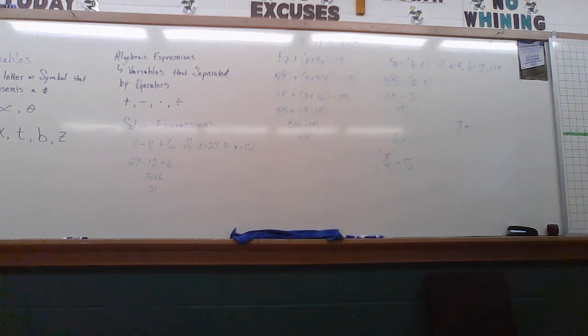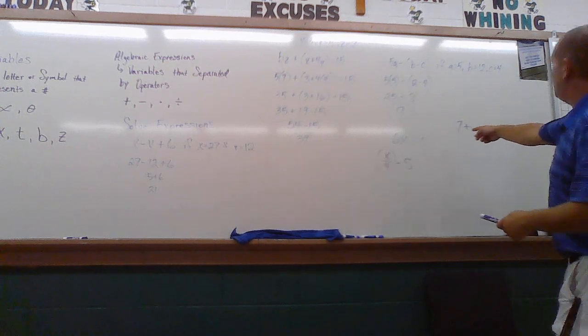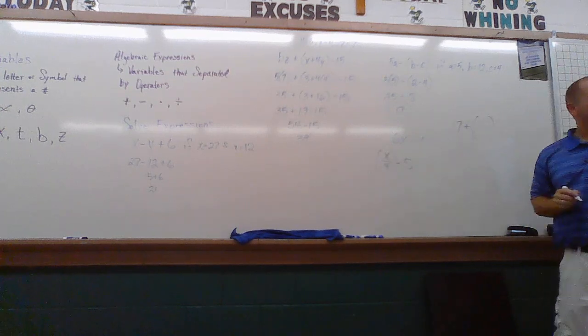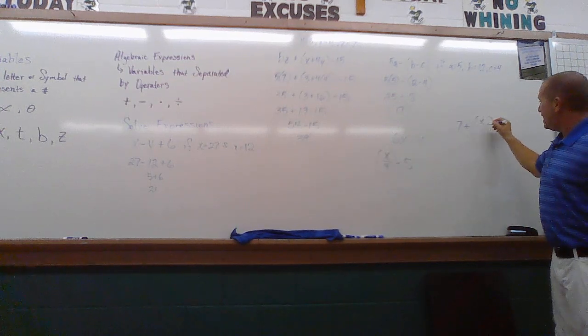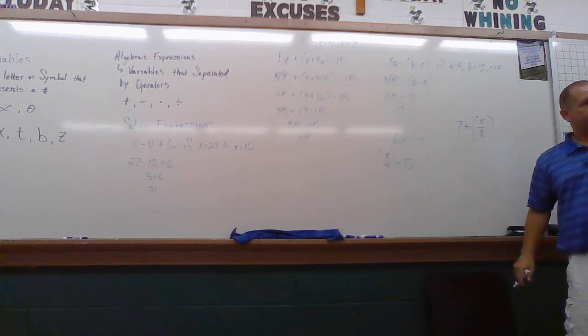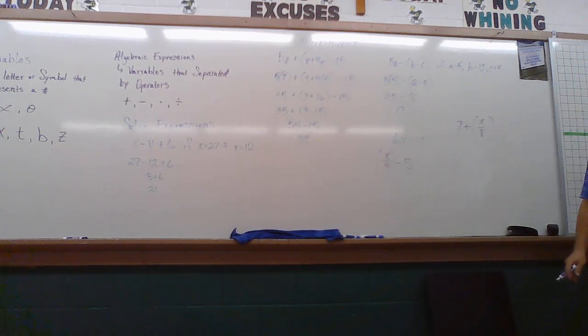By the quotient of, so this is where when they say quotient, you all thought of division, which is right. But what are we actually dividing in this problem? X and 8. So 7 plus the quotient, that's where I'm going to put that parentheses around there, of x and, what was the number? 8. 8. That makes sense? Okay.